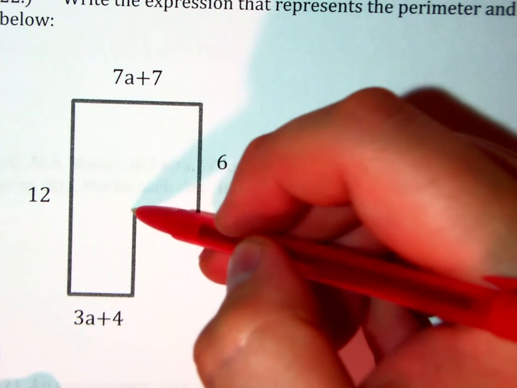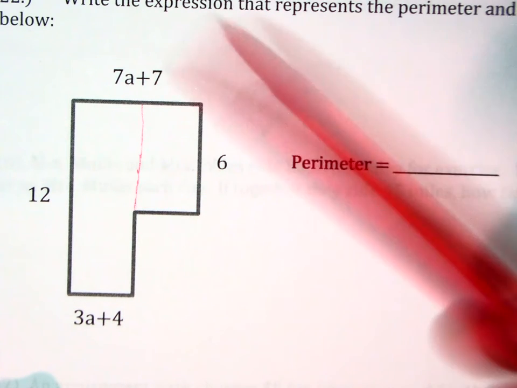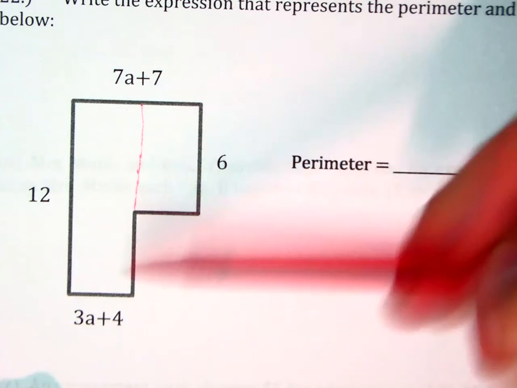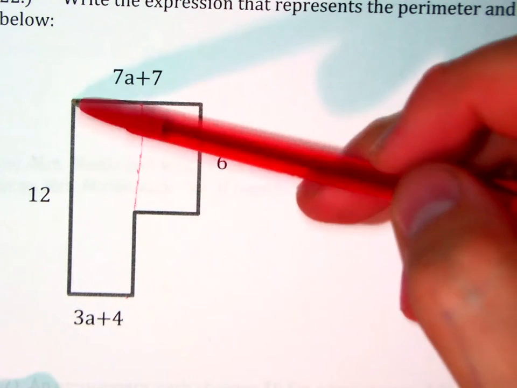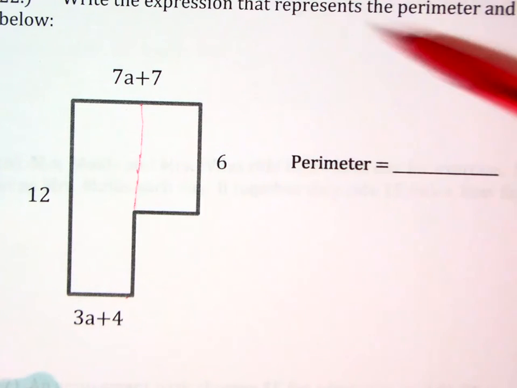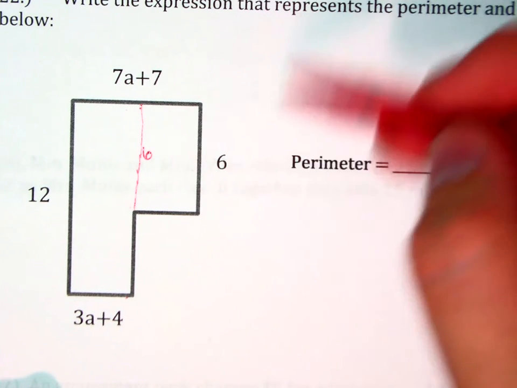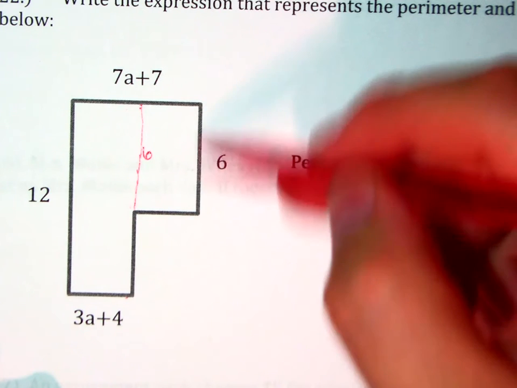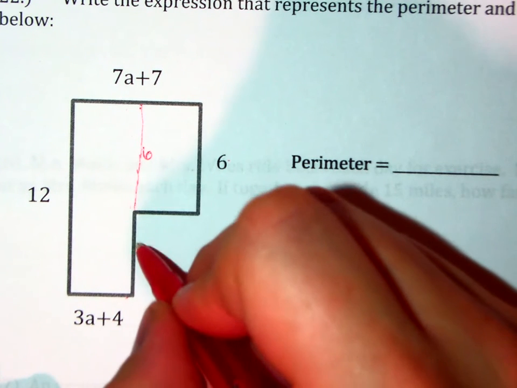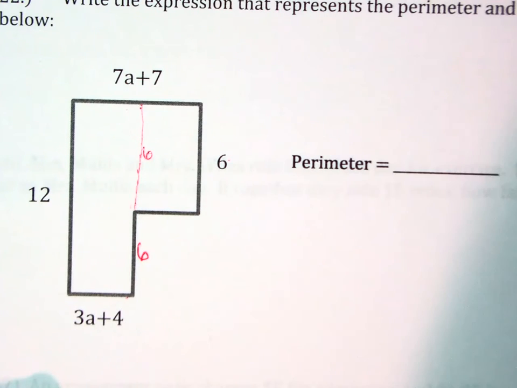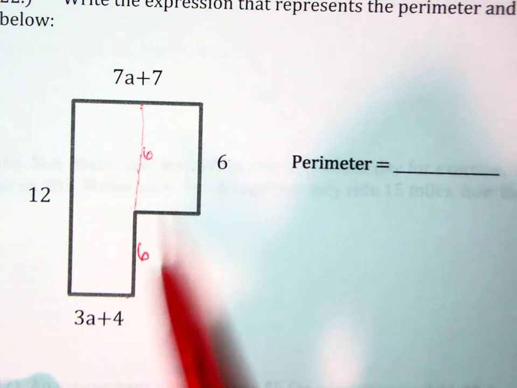So for instance, if I were to draw a line here, then I know from the top of this line to the bottom of this line, that value would be 12 because it mirrors this far left line. And there's 6 units represented here on the red portion of the line because it mirrors this far right line that is identified as 6. Which means that the remaining section on the bottom has got to also be 6, because 6 plus 6 adds up to one length of line that is 12.